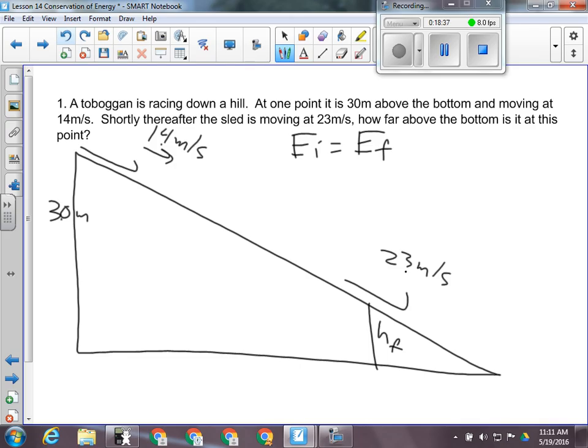And it's moving, so it has kinetic energy. So I'm going to put that in here. Initial potential plus initial kinetic. That's my initial mechanical energy, which is the same as my final mechanical energy. And at the end, I'm moving, and I'm still above the ground. So I also have both kinds at the end.